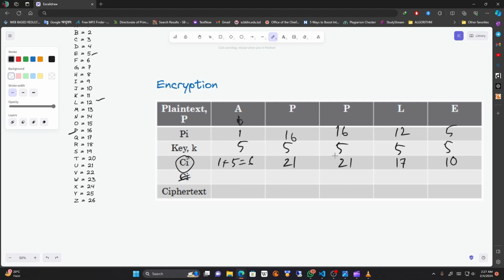Okay, so right now let's see, 6 is between the range 1 to 26.